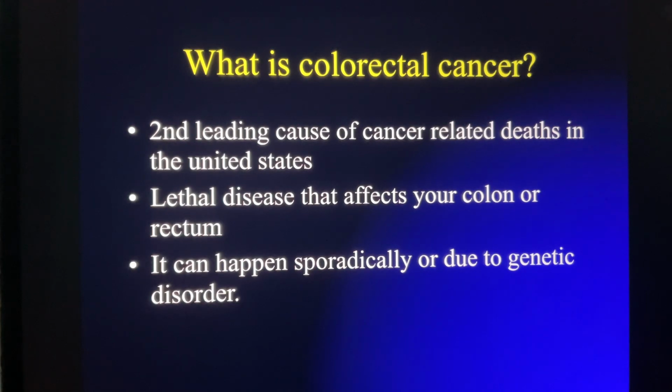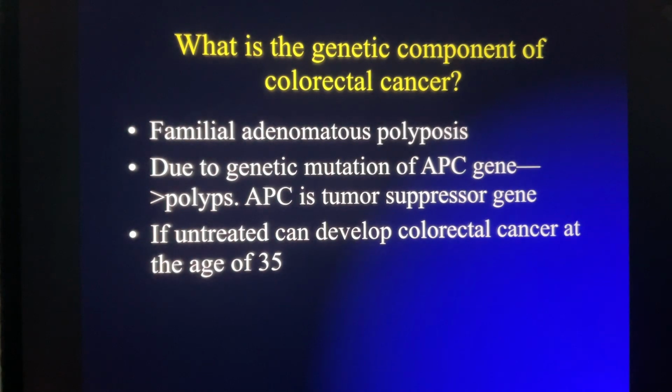Okay, so we're going to look at some of those genetic disorders that could predispose an individual to getting colorectal cancer. One of them is familial adenomatous polyposis. I always struggle to pronounce this, but I think I'm getting better at it. Again, familial adenomatous polyposis is a genetic disorder that has been shown to be associated with colorectal cancer.